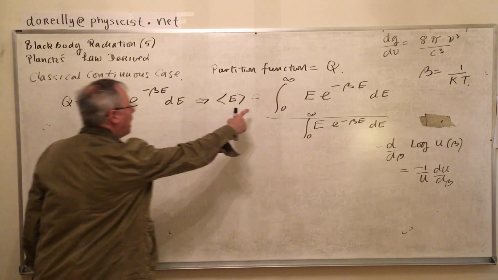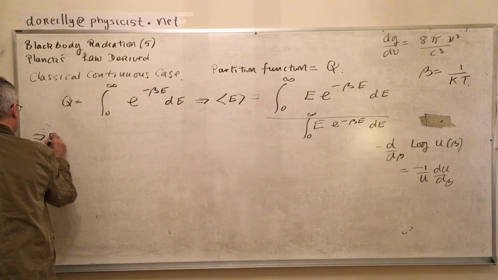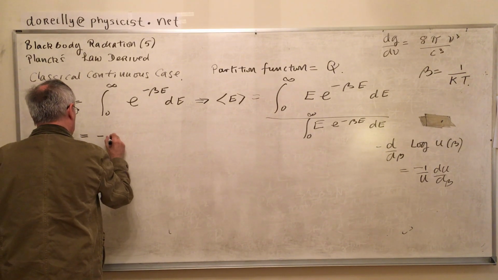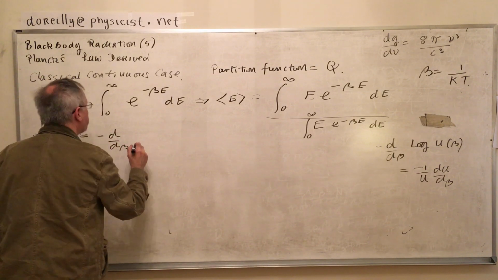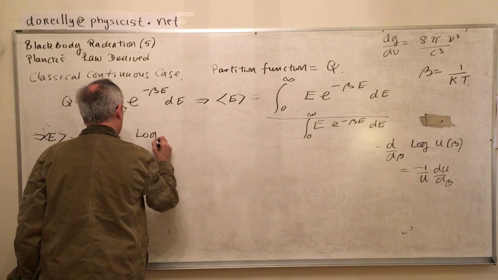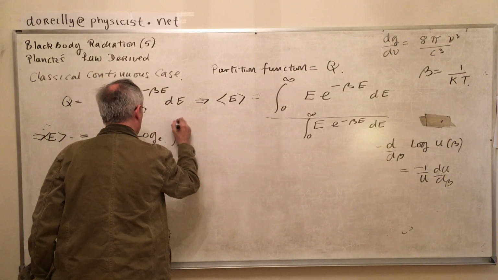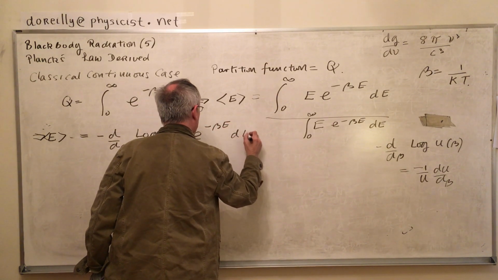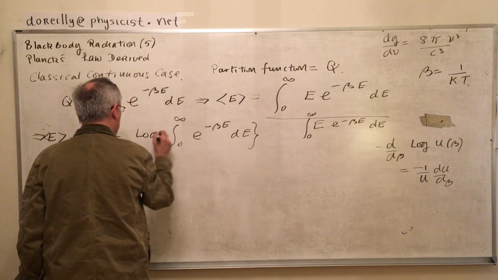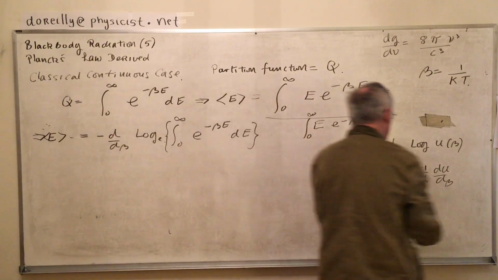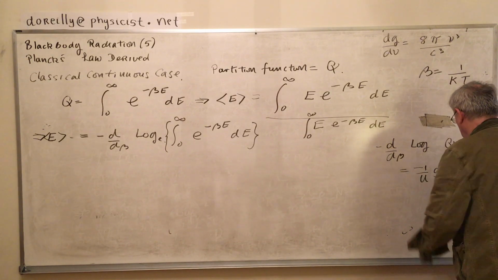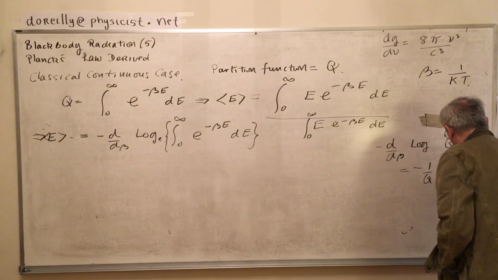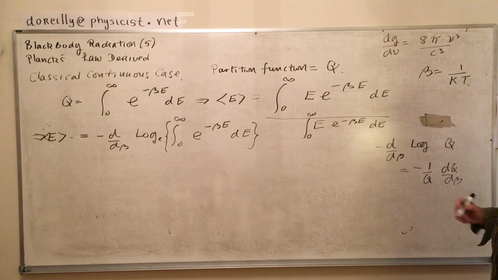So for this case here, the average is the same as the negative derivative of the log of the whole partition function. In other words, this is actually a Q, which is all I'm doing here. Okay, so that's our Q.